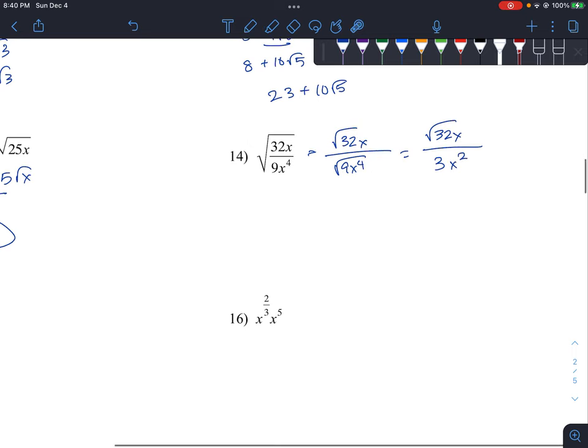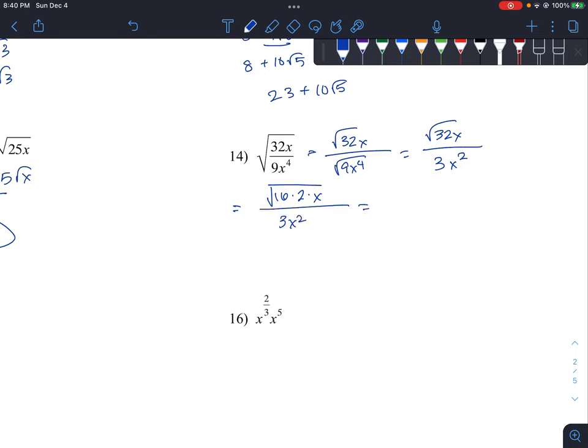Okay, now the 32 needs to be simplified if it can. So let's see, 16 goes into 32, and 16 is a perfect square. So that's going to be square root of 16 times 2 times x over 3x squared.